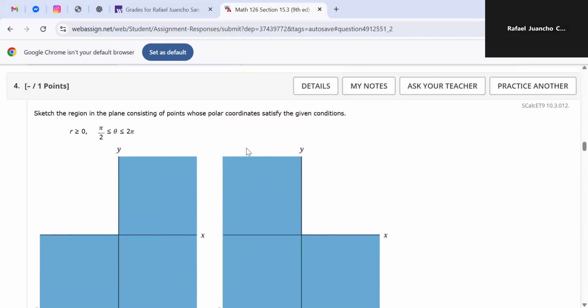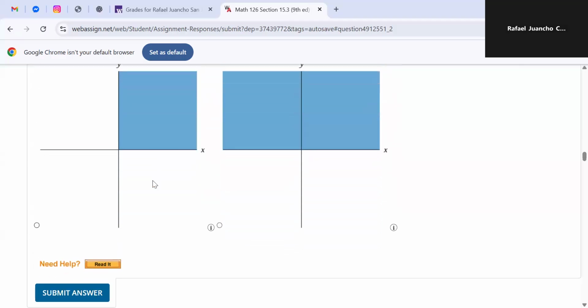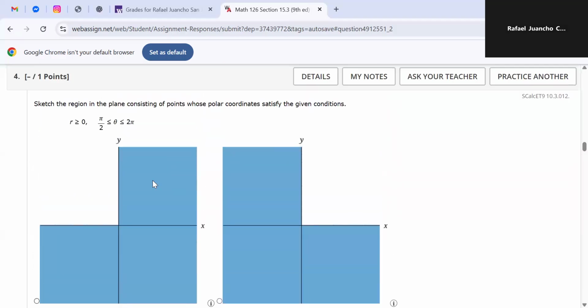Again, sketch the region in the plane consisting of points whose polar coordinates satisfy the given conditions. Okay, now it looks like we have weird boxes. So my r here is greater than or equal to 0. What does that mean?